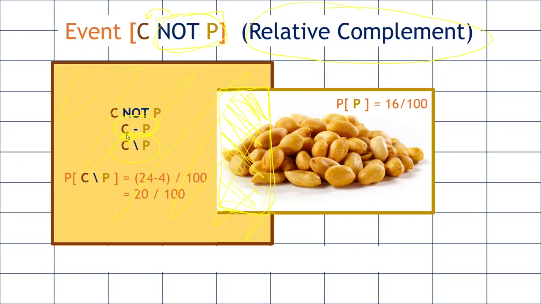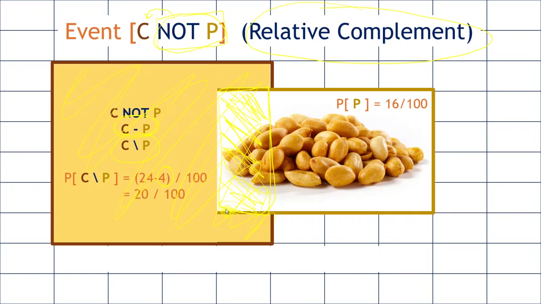You see these in textbooks a lot. And C backslash P is basically 24, which is this big region, the region C, but we want to subtract the overlap, which is this little area, from it, and that's how we get 20 divided by 100, or 20%.